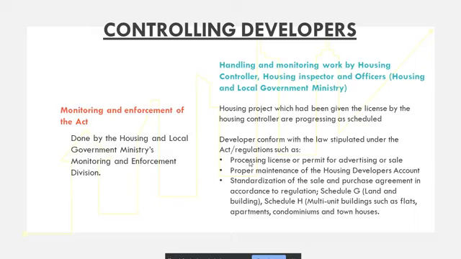So the developer need to mematuhi lah all the regulation, all the rules, such as processing of license, periklanan, proper maintenance of account, standardization of sale and purchase agreement according to the act. Dia kena follow lah the rule ni.